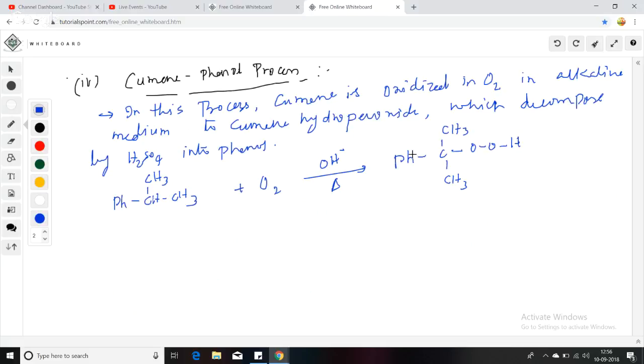This is a free radical mechanism it follows. This particular compound is cumene, and this one is cumene hydroperoxide.